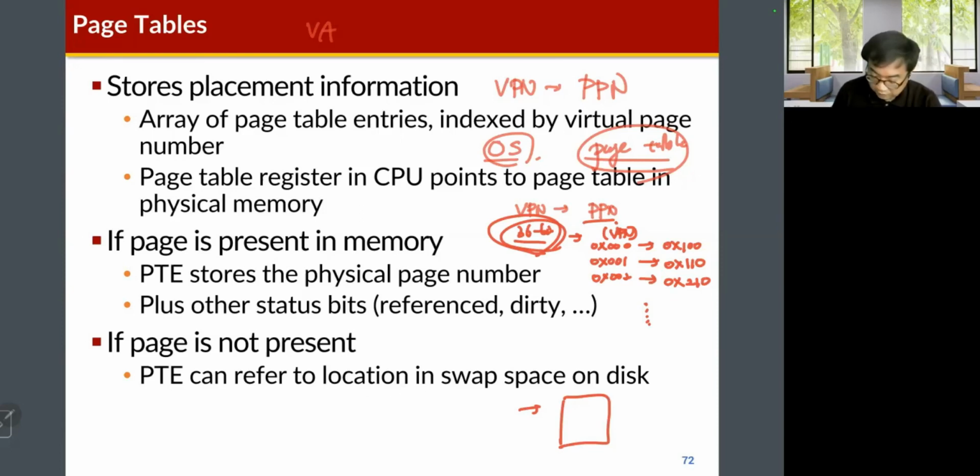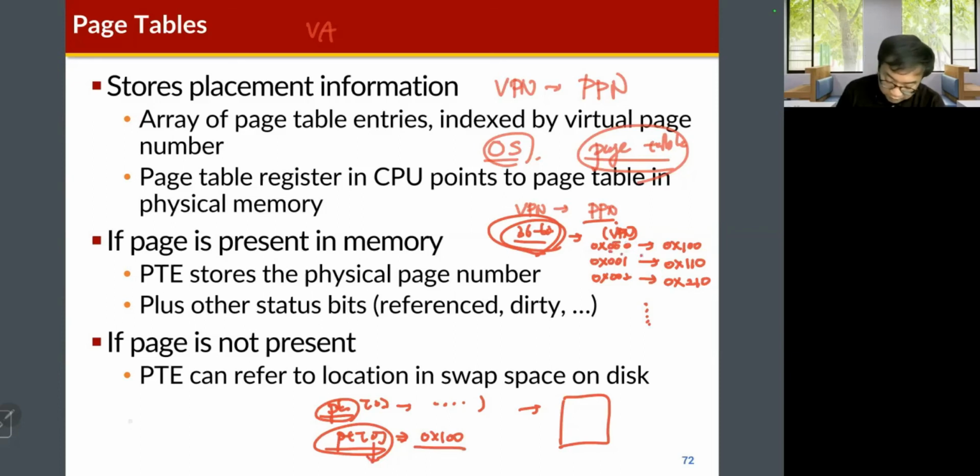it's like, the operating system can make an array, like the page table array, like PT0 to blah blah blah, a very large number, and then we assign the PT0. We store the PT0 and 0x100, because the VPN is 000.